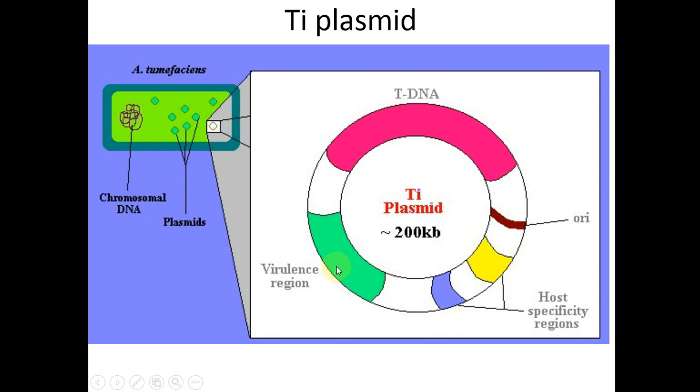These virulence genes, they are 6 to 7 virulence genes. They are activated one by one because of acetosyringone, and this virulent gene, they make transfer of this tDNA. They activate this tDNA cutting from this site and transfer into the plant cell, as well as recombination of tDNA into the plant genome.